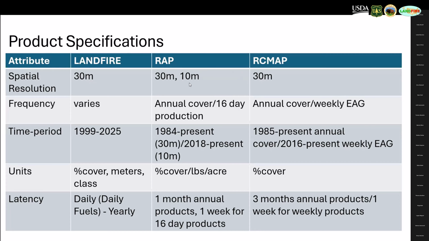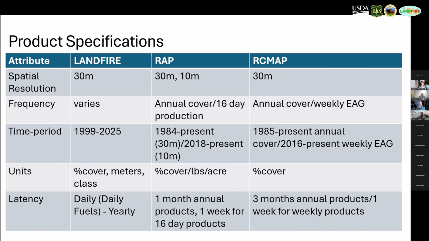Frequency, that's a little bit different among the products. LANDFIRE varies on their update schedule. RAP has annual cover products, same as RCMAP, and I misspoke before, 16-day biomass production estimates, and RCMAP does weekly EAG and soon total herbaceous cover estimates as well.